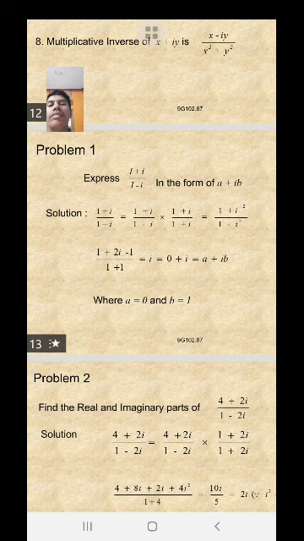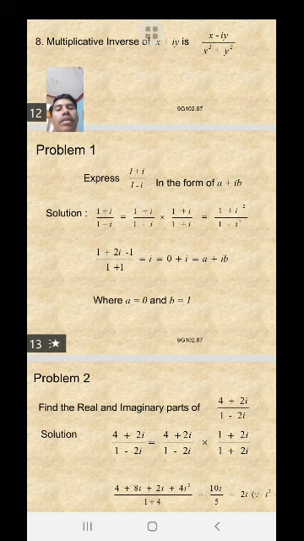Now we see the problems. First problem. Express (1 + i)/(1 - i) in the form of a + ib. Solution. (1 + i)/(1 - i) equals (1 + i)/(1 - i) into (1 + i)/(1 + i).